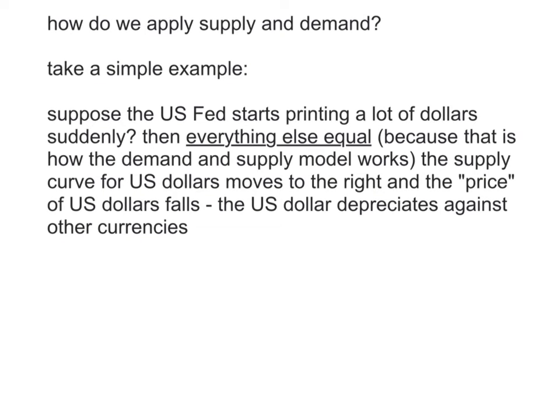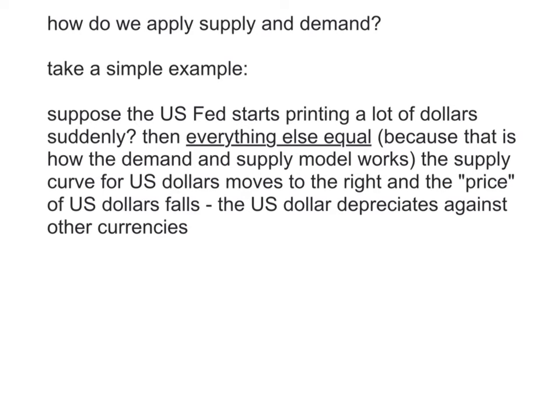So let's use one really simple example. Think of a demand and supply diagram like you learn in principles of economics. Now, the thing being demanded and supplied is not a good, it's a currency, the US dollar. And the supply of US dollars in the world is influenced by choices of the US Federal Reserve.